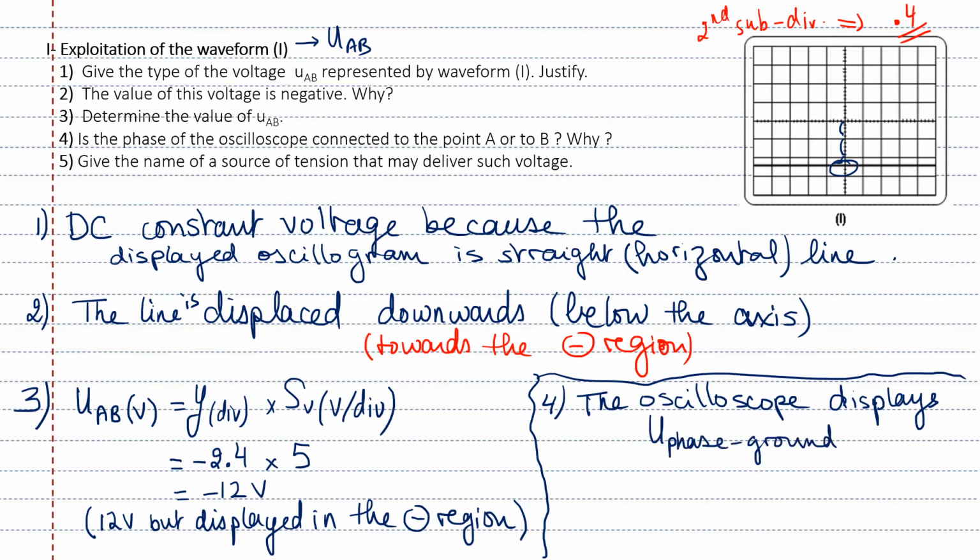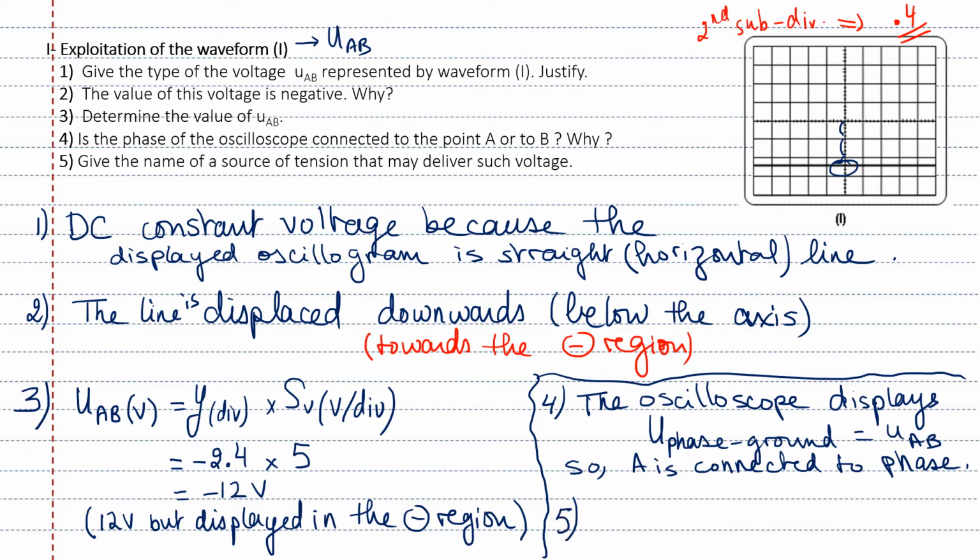That means, which is UAB, so A is connected to the phase, or simply phase is connected to A.